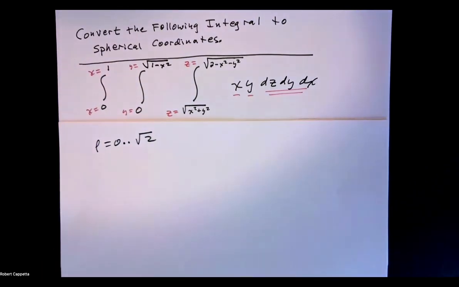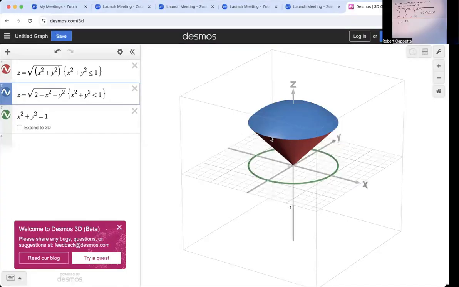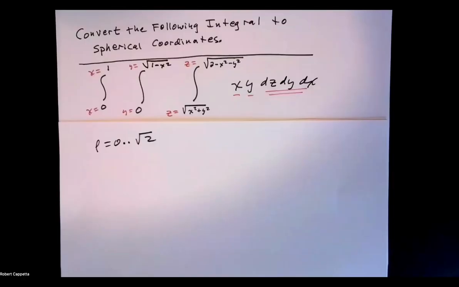Now, how about the z equals root x squared plus y squared? We've seen that before as well, and that is that cone. So what is the definition of that cone? Well, z equals root x squared plus y squared.